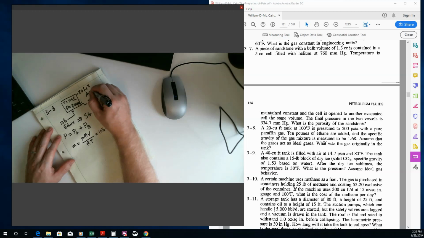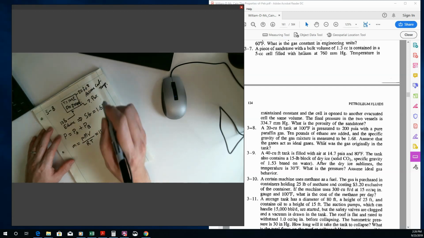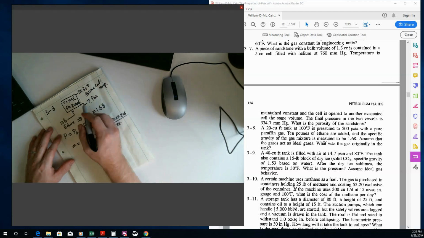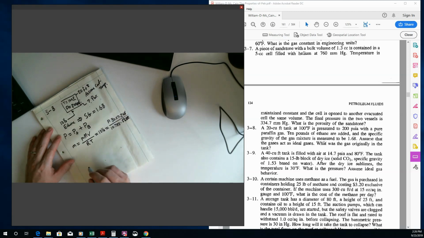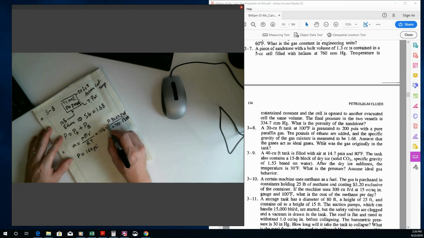So 100 Fahrenheit plus 460 is 560 R is our value. So we rearrange that and we can calculate pressure would be equal to, in this case, 100 psi. That's the partial pressure of ethane.